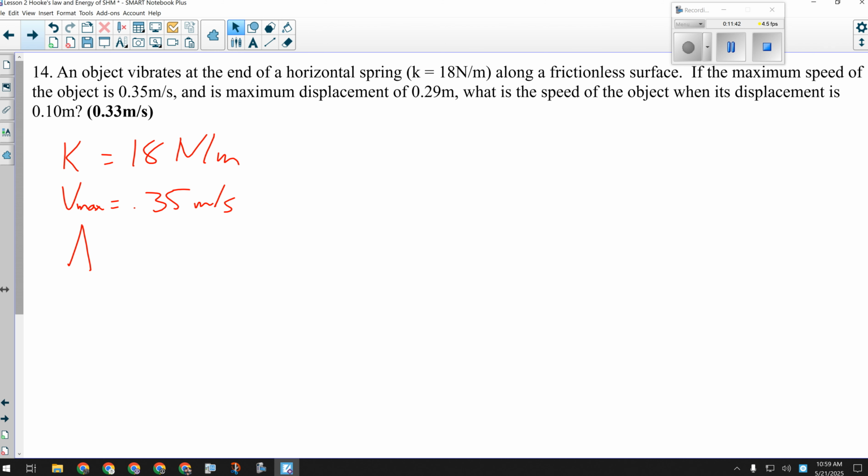Maximum displacement is 0.29. What's the speed of the object when its displacement is 0.1 meters? So that would be another x, and they want to know, so I'm actually going to call this x3 and v3.